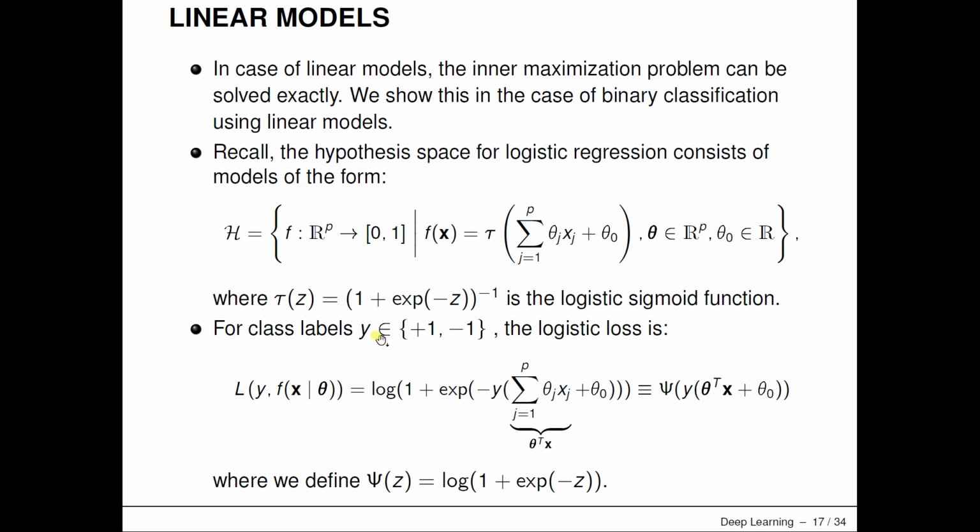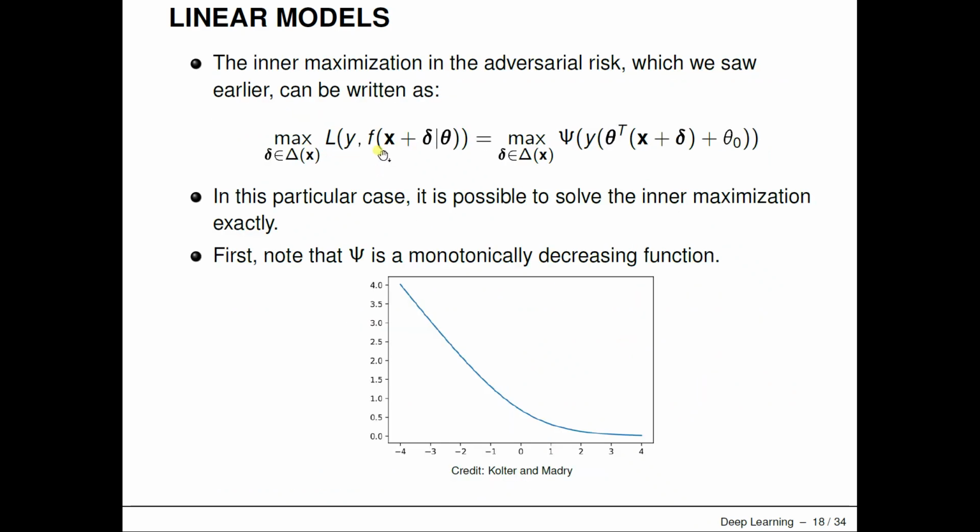When we put the labels to be +1 and -1, the logistic loss will have the following form that we can rewrite with a function notation depending on this argument. Thus, the maximization of the loss with respect to the input for such model looks as following.